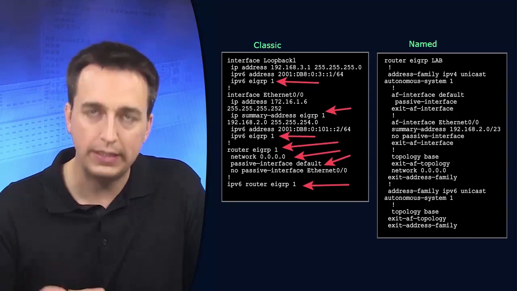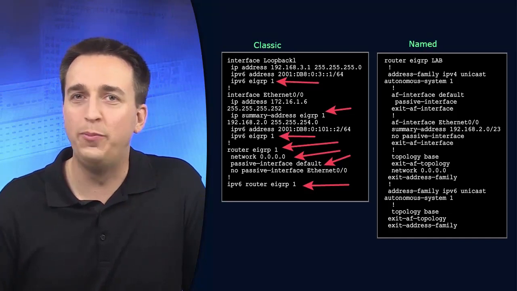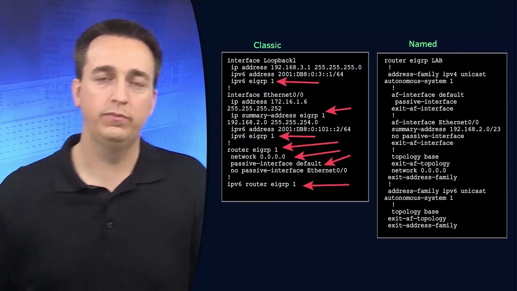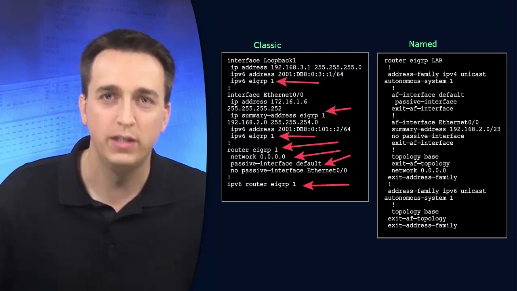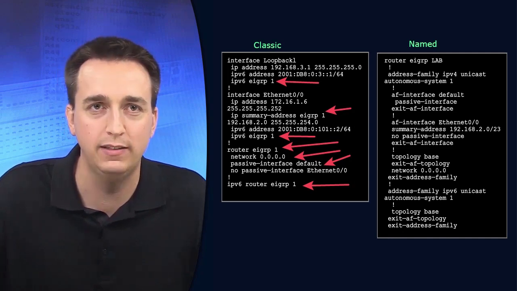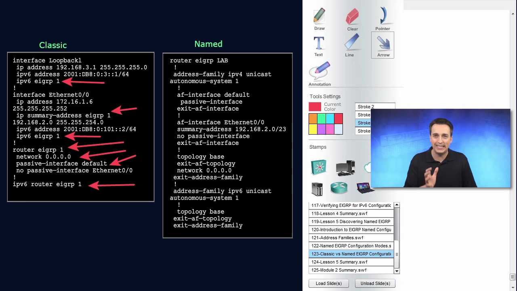So I would spend the time learning it and implementing it on new routers, but I would not at all recommend to any of you to spend the time changing what you already have. Don't do that. To reconfigure your router, as we just did in the demo, to be named versus classic is a lot of work. So I wouldn't do that.